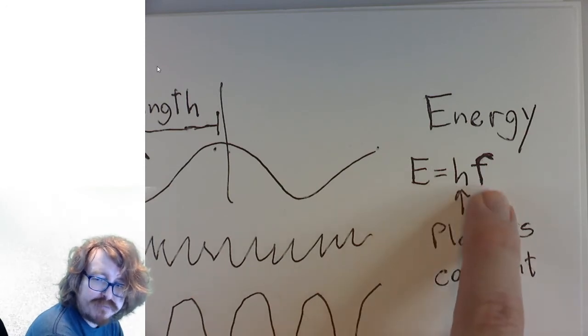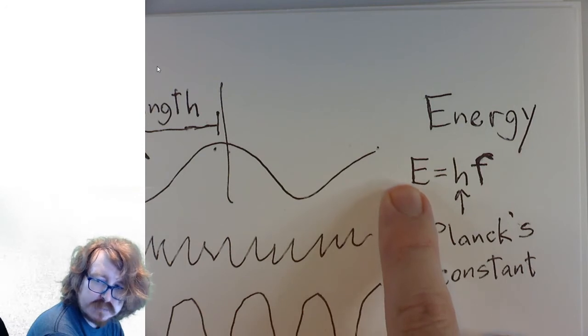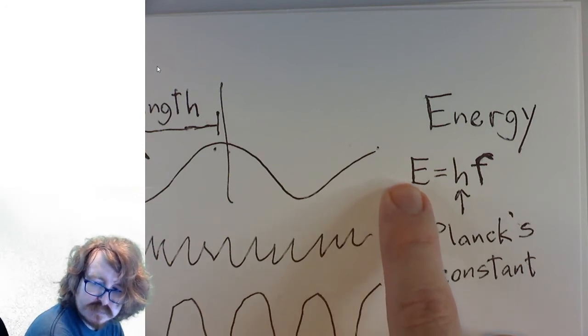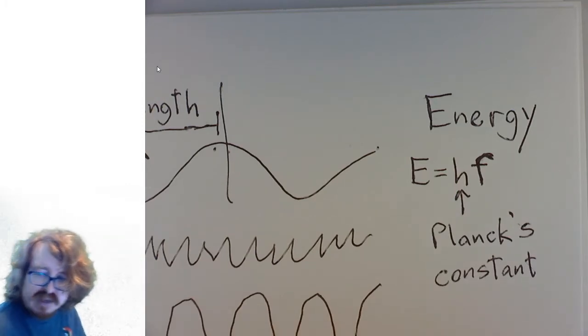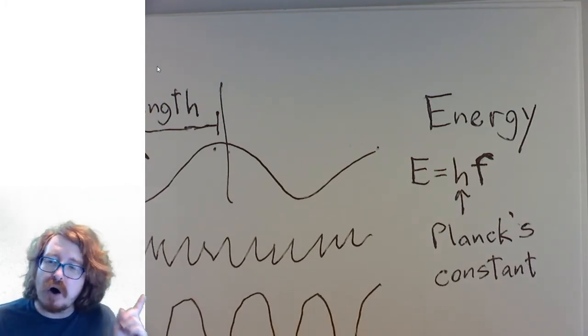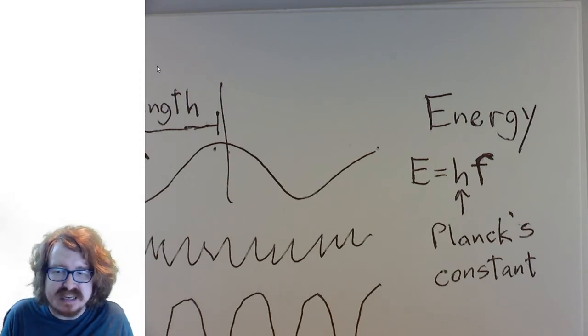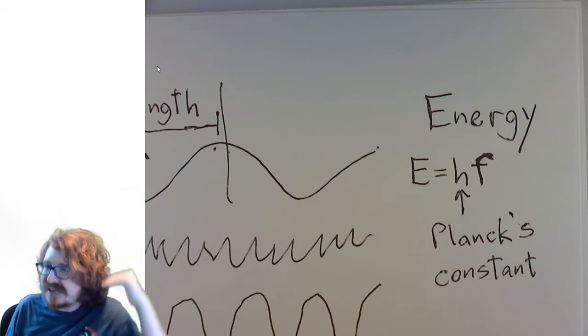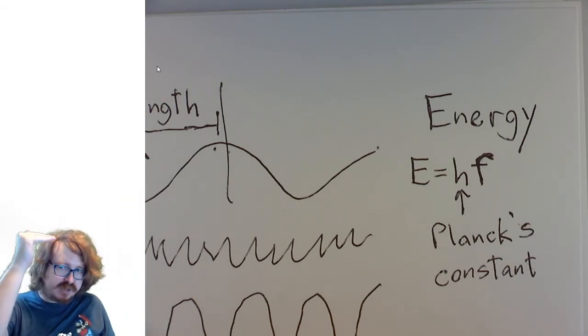So if we make the frequency bigger, what would happen to the energy? Would it go up or down? It would get bigger, okay? So all this tells us is that the energy of a beam of light is determined by the frequency, and the higher the frequency, the higher the energy.